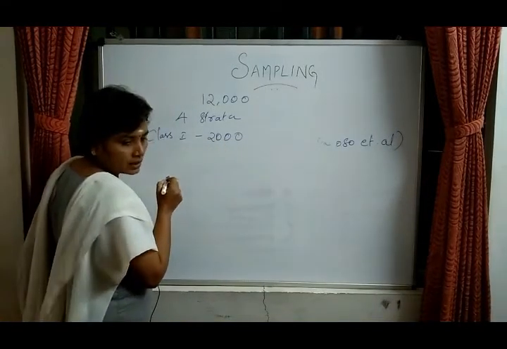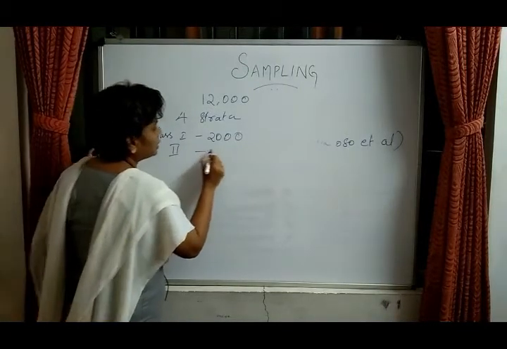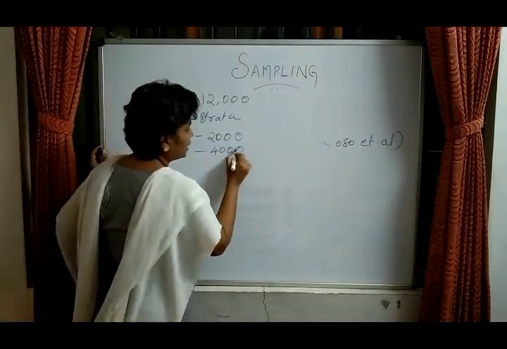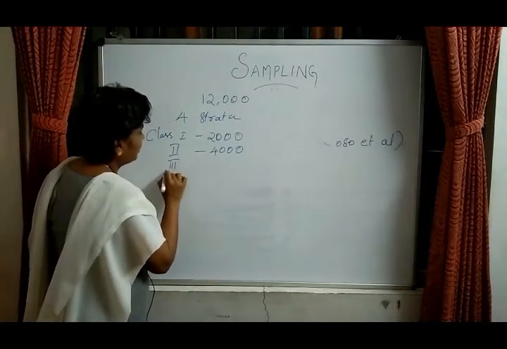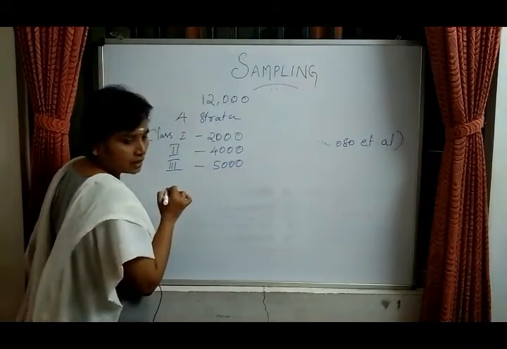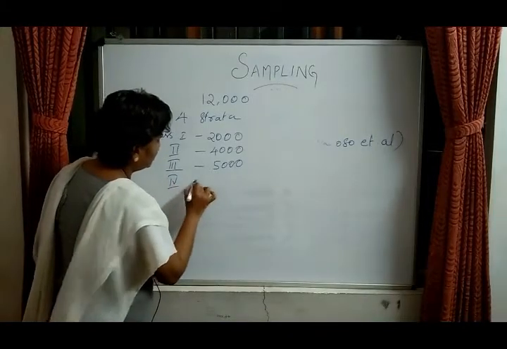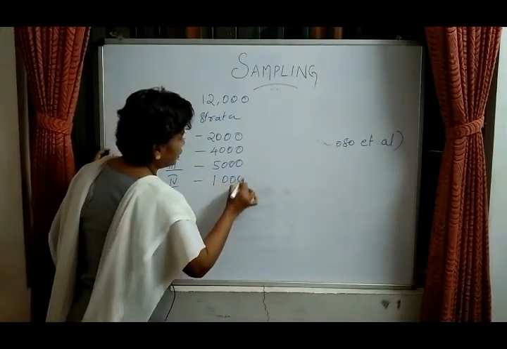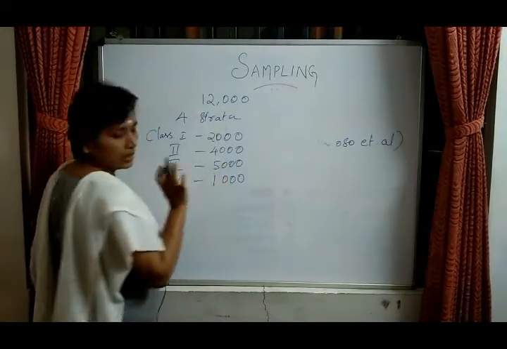The second strata is 4,000 population, the third strata is 5,000 population, and the fourth strata is 1,000. See, totally 12,000.